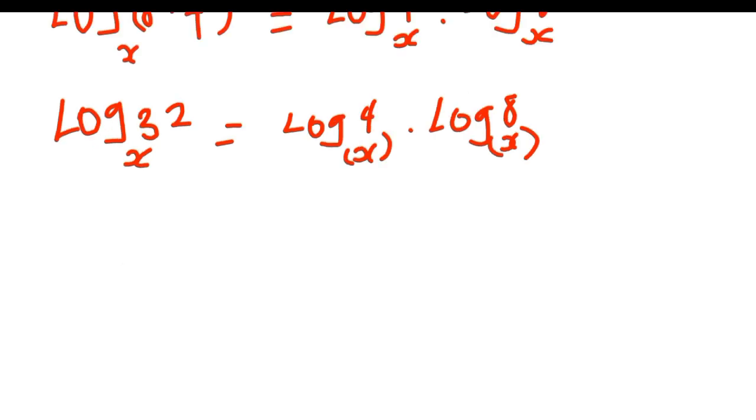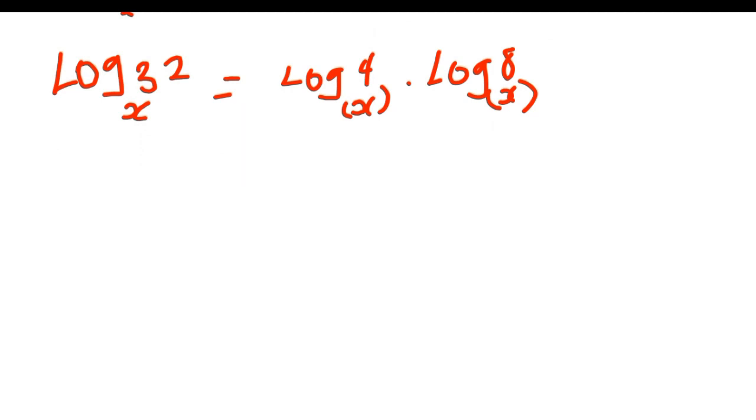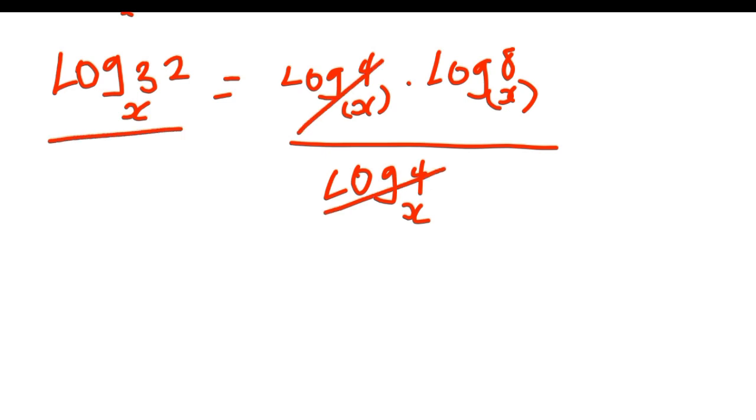The next step we are going to take here is to divide through by log 4 base x. So when we do that, we have all over log 4 base x, so this is going to cancel this, and here we also have all over log 4 base x.